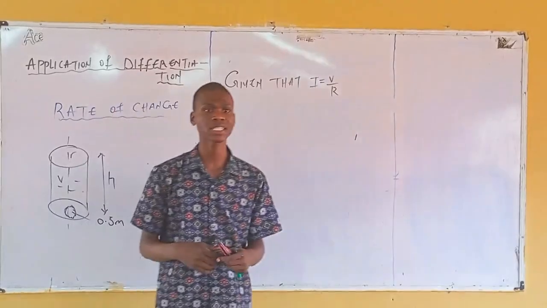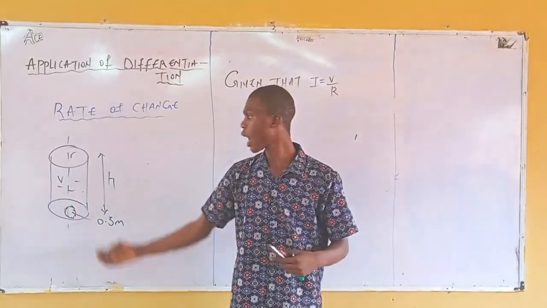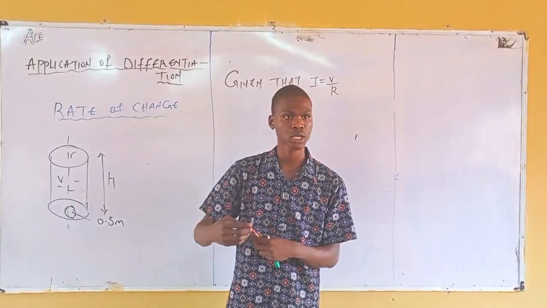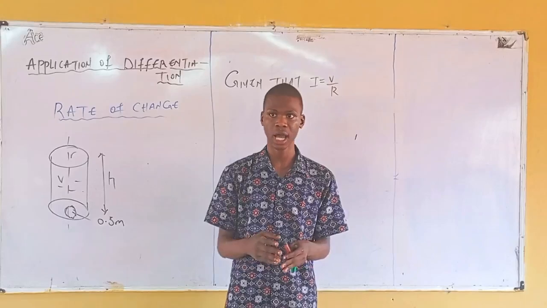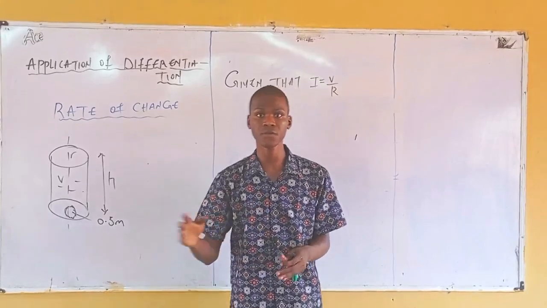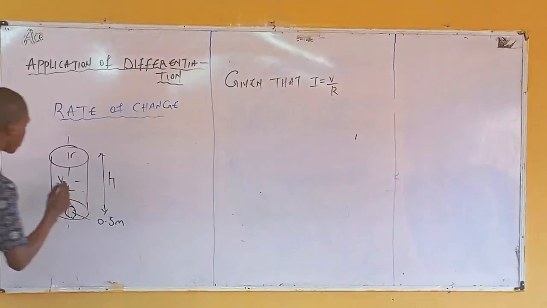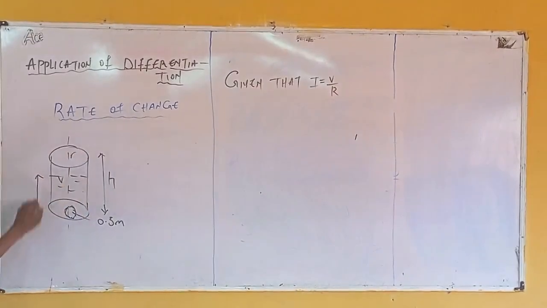No. Meaning that the outflow, as it is flowing out, is with respect to time, is it not? The time will be different. Are you getting the idea? Let's say the volume here is 30 meter cube. For 0.5 meter and 2 meter, one of them will be faster.